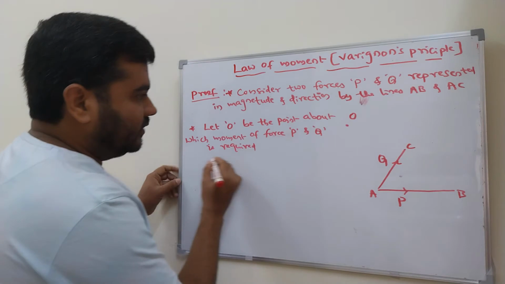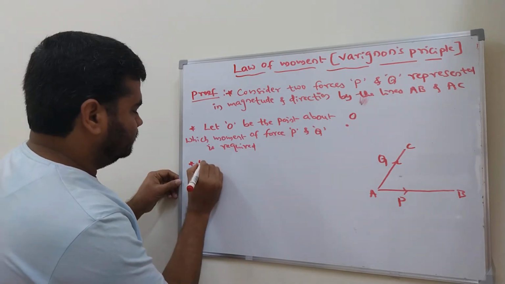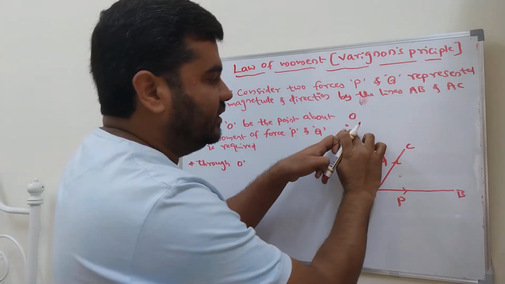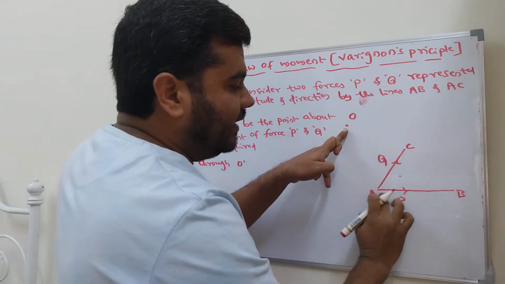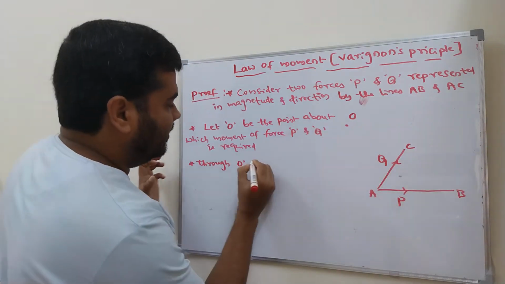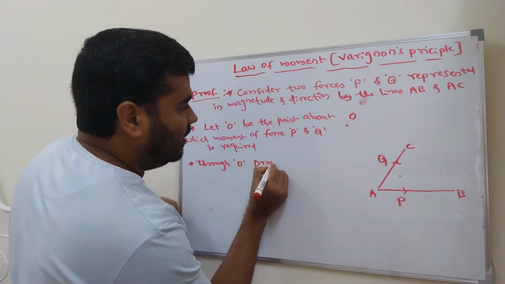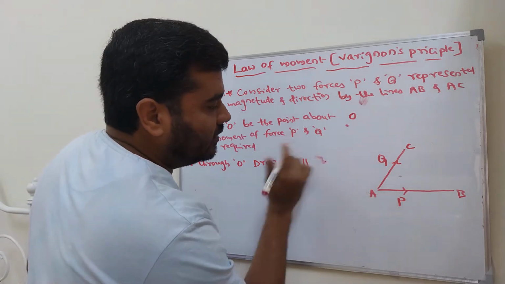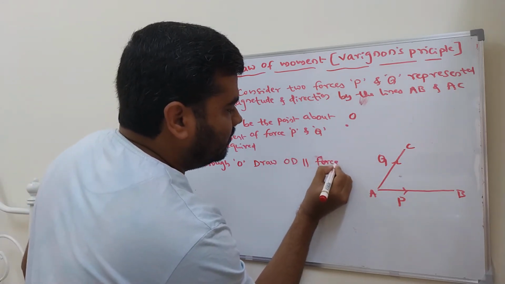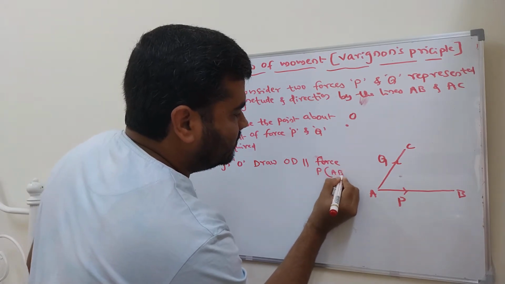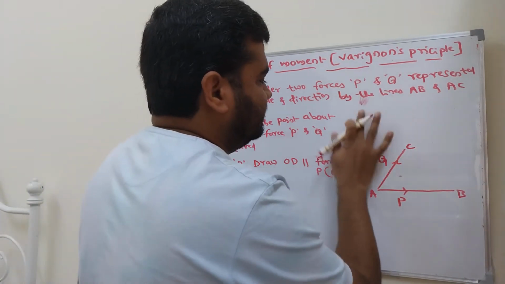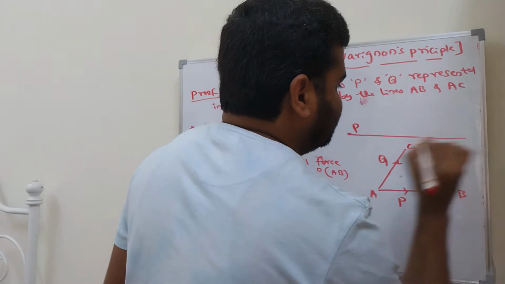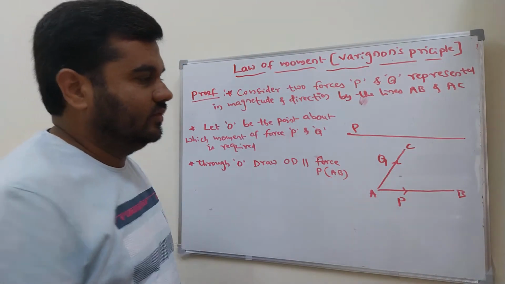Now through this point O, draw OD parallel to AB, that is, parallel to force P. Just draw OD, where somewhere D is there.